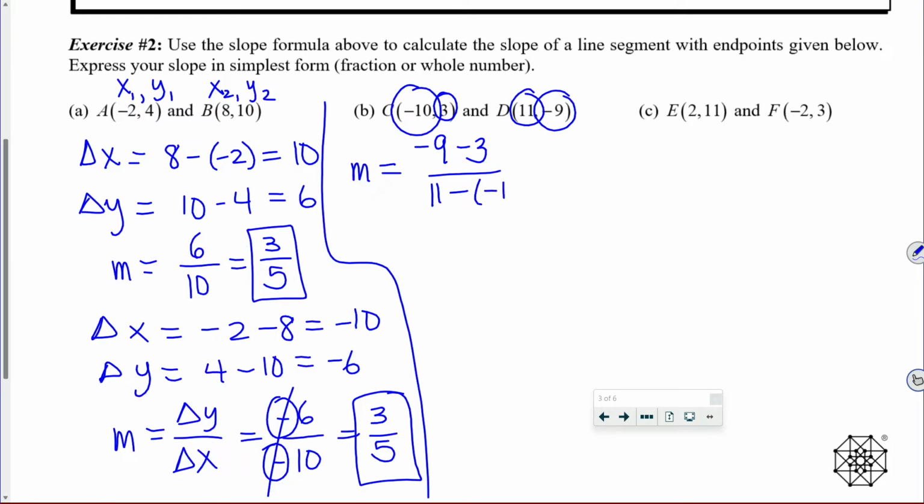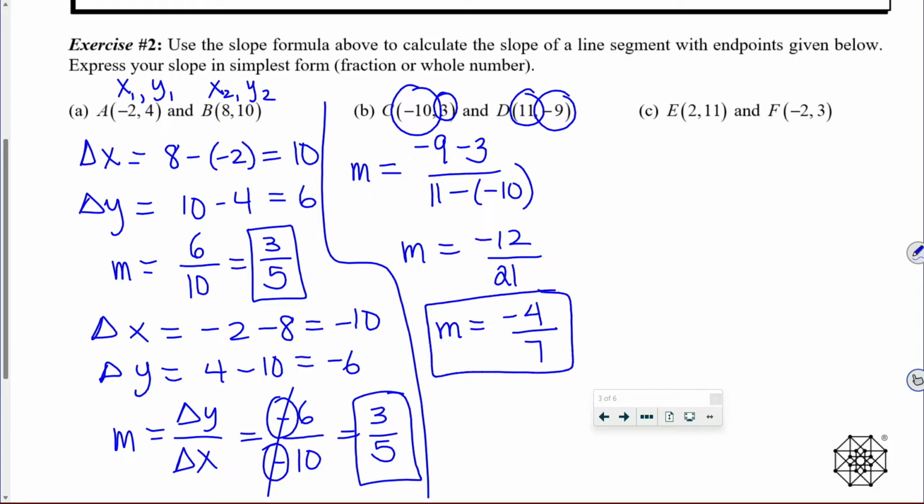And I have to be very careful with my negatives and positives here. Negative 9 minus 3 is negative 12, and 11 minus negative 10 is positive 21. Now, I can reduce that because I can divide both 12 and 21 by 3, so I'll get a slope of negative 4/7.